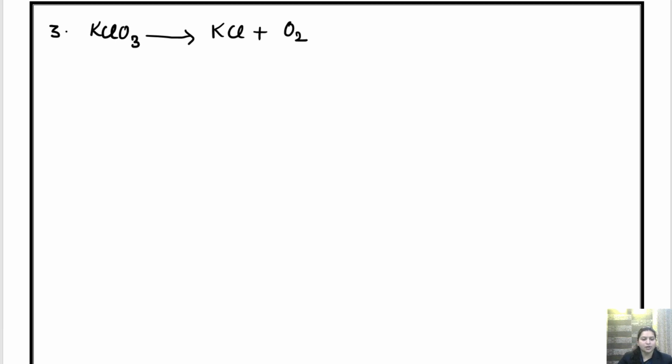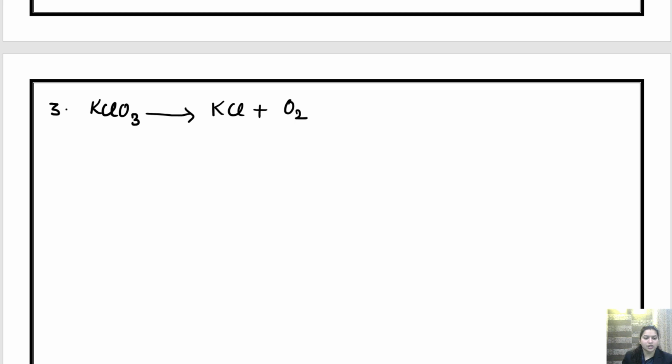Now let's take another example. Let's take an example of KClO3 gives KCl plus O2. Okay, so let's talk about it. So here children, we are going to start with K. ठीक है, तो क्या है फर्स्ट स्टेप? सो एक के इधर 1 potassium and 1 potassium, so it is balanced.